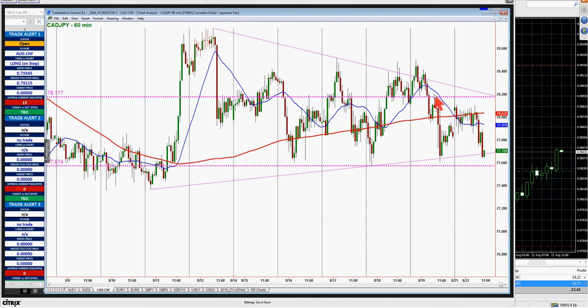The stop might be up here. A more swing-oriented stop would really be above the past few days' highs, so that would be about 100 pips. So there are a couple of different ways to approach it, but at any rate, that is an hourly version of that daily pattern that we have been talking about.